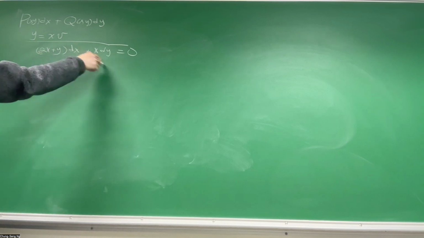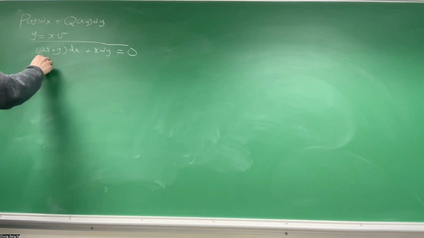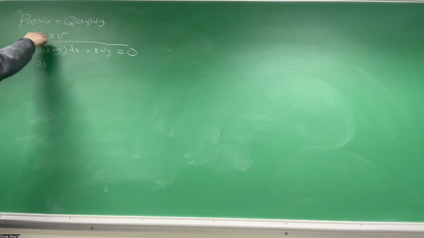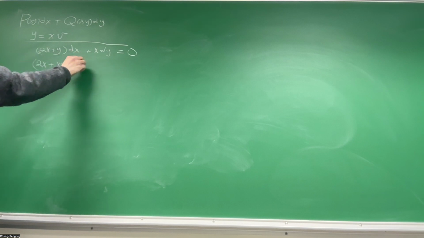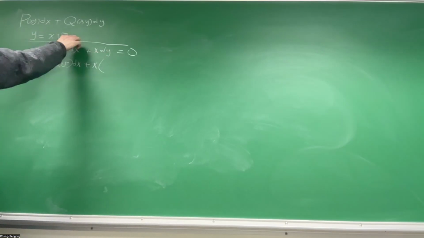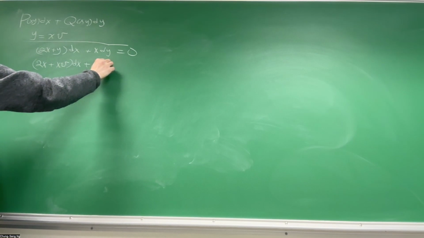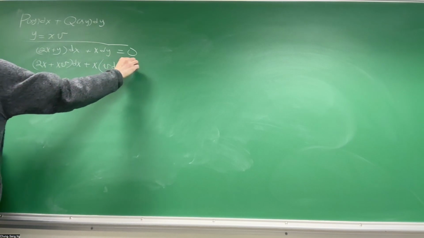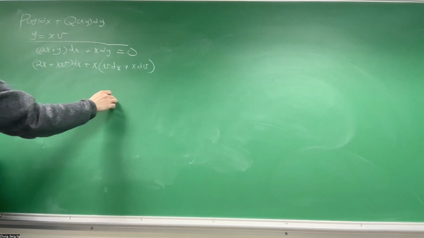So that's what you do. 2x plus y is x plus v x times v dx, right? And then x. Now dy is just using this formula. I mean, this transformation becomes v dx plus x dv, right?